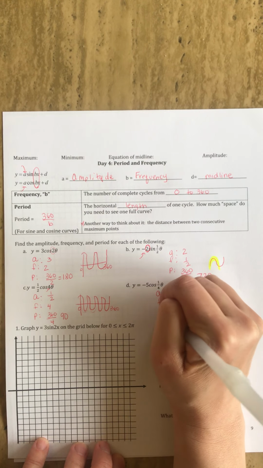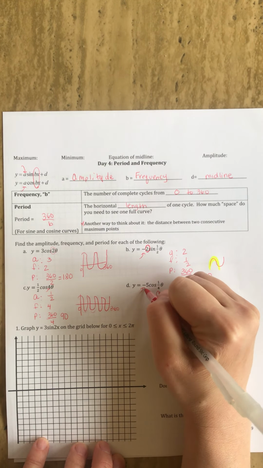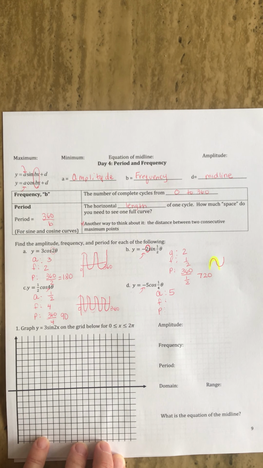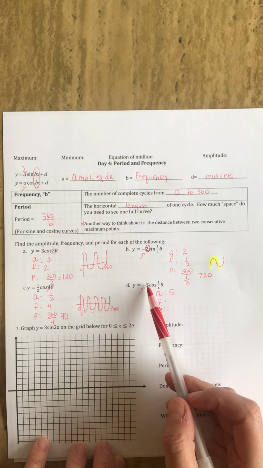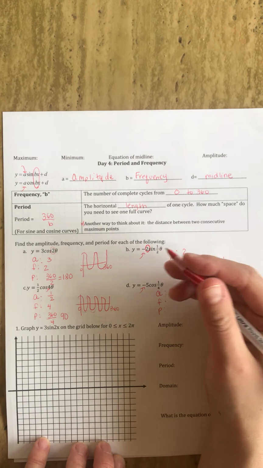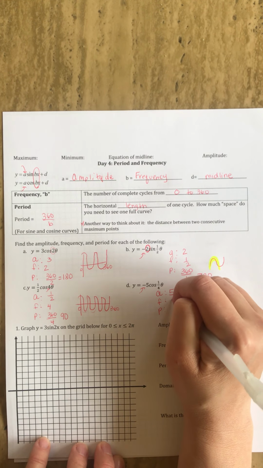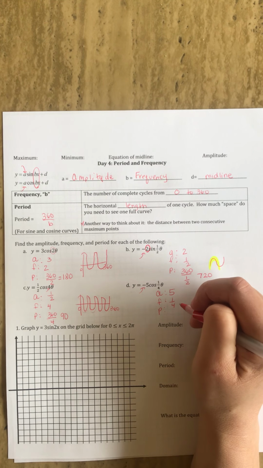Amplitude, the frequency, and the period. The amplitude is 5. This negative, remember, the negatives show a reflection. That tells you the direction. So instead of starting at +5, you would start at -5 because you're reflecting or flipping it over the x-axis. Your frequency is 1/4.